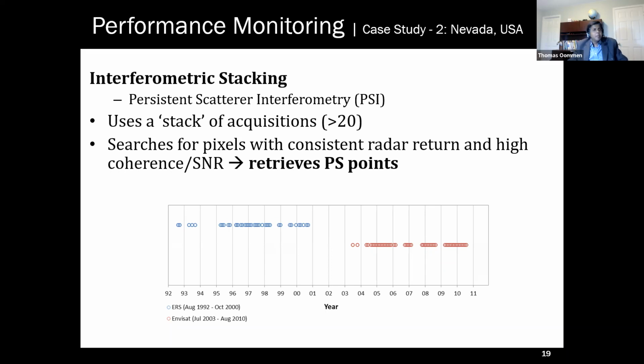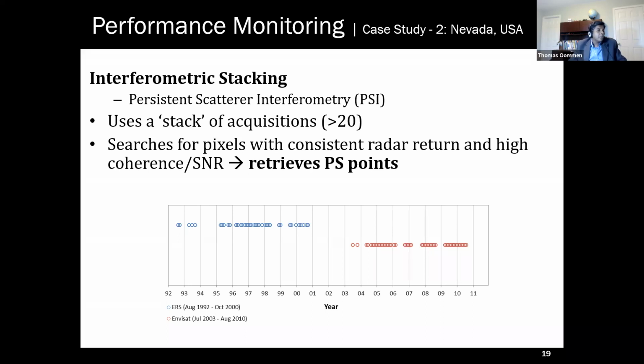So now you not only have the benefit of getting very high spatial resolution, but you also have the benefit of getting historic information. So you can actually combine these two satellites and go all the way back to 1992.